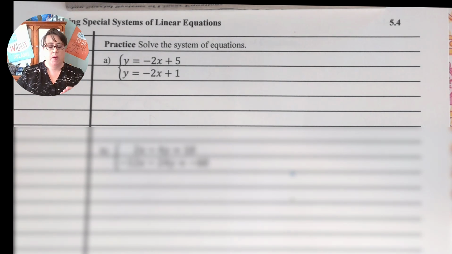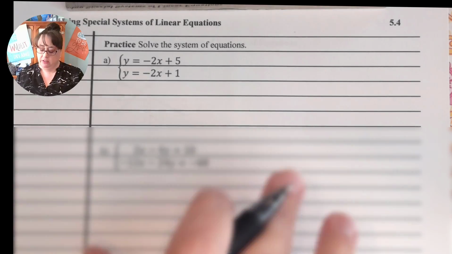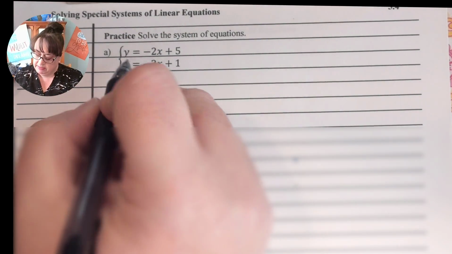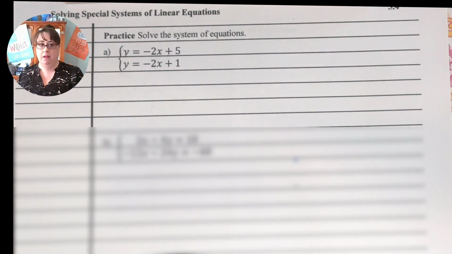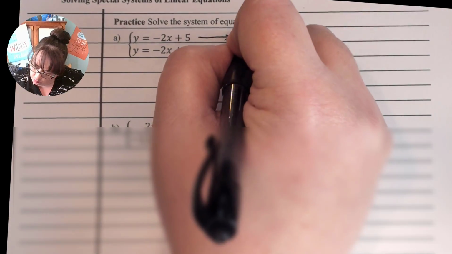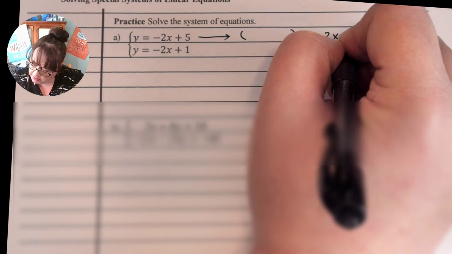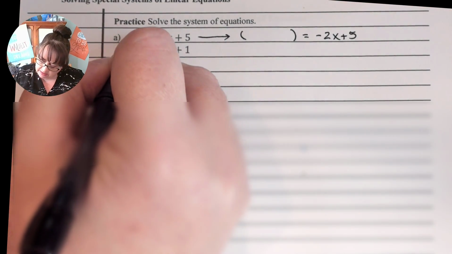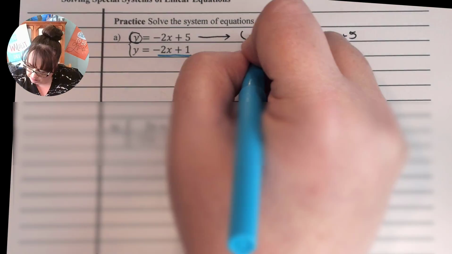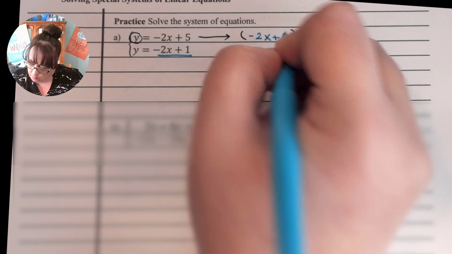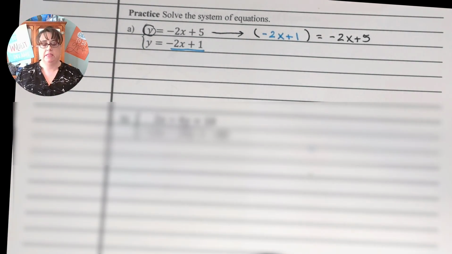The other card says y, and on the other side it says negative 2x plus 1. So I am going to set them equal to each other. On this card, every time I see a y, I'm going to put in negative 2x plus 1. So instead of this y, negative 2x plus 5, I'm going to put in negative 2x plus 1. So I slid those into place.